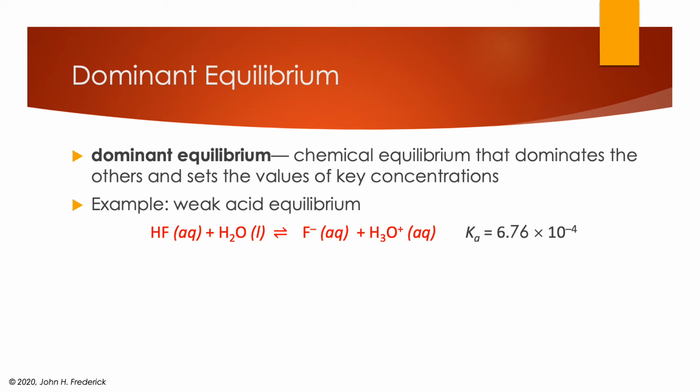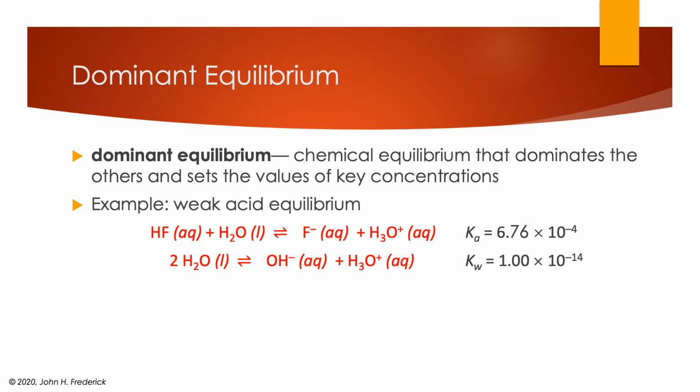Now, this is not the only equilibrium that's present in water, and we've been kind of glossing over this point, but the water autoionization is another equilibrium taking place at the same time, with an equilibrium constant of 10 to the minus 14. In this case, because the Ka for the hydrofluoric acid is much larger, by a factor of 10 to the 10th, it's going to be the dominant equilibrium, and it's going to be the thing that mostly determines what the concentrations of the various species are going to be.